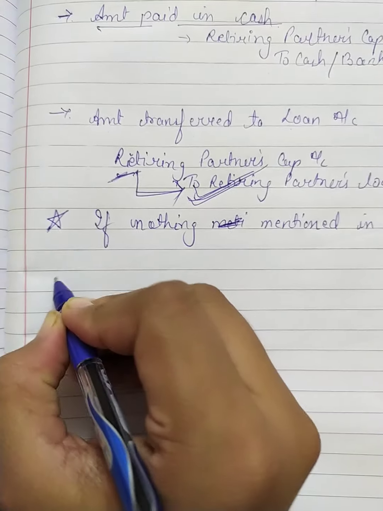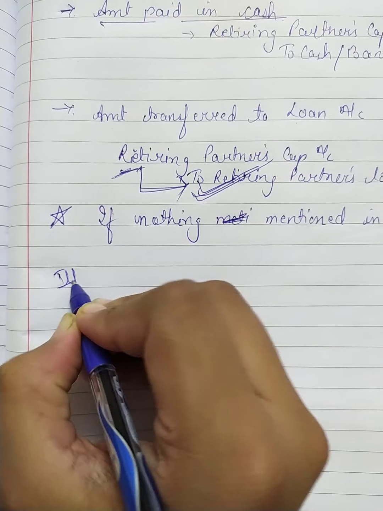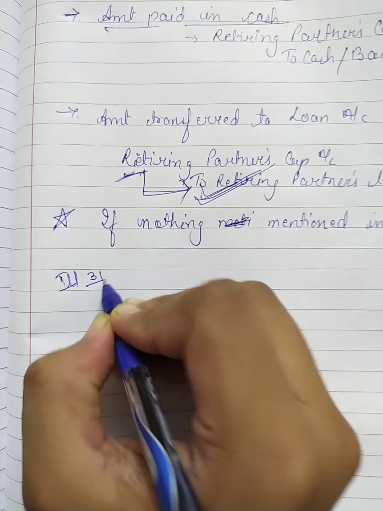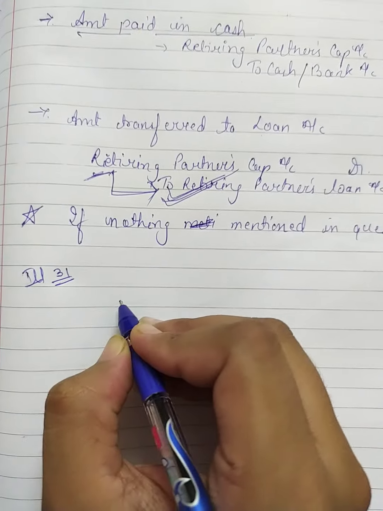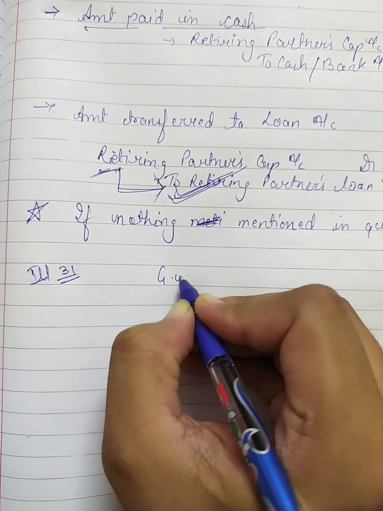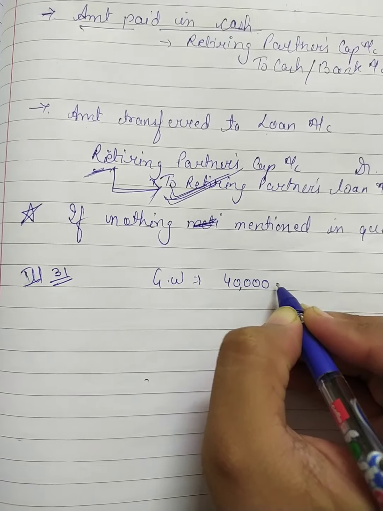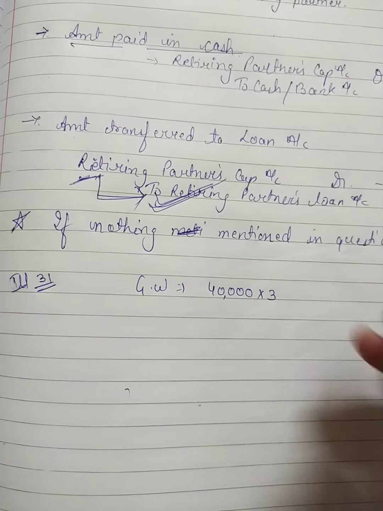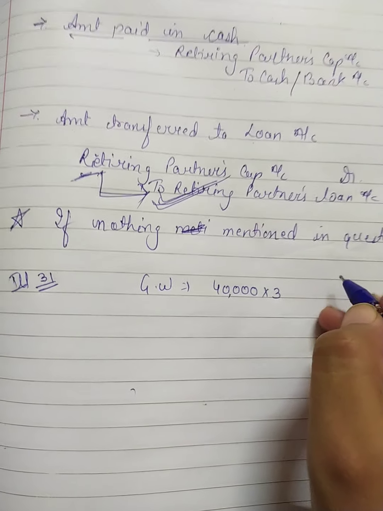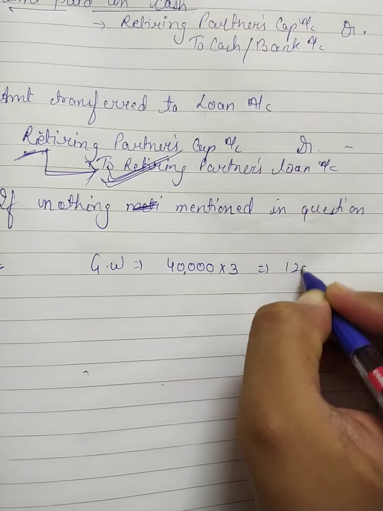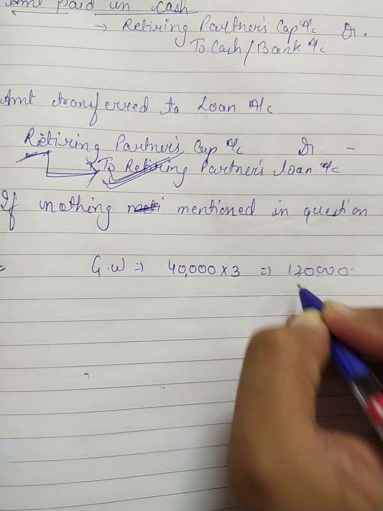So students, that is illustration number 31. So goodwill is given as 4 years average profit multiplied by 3 years number of purchase. So that will become 1,20,000.